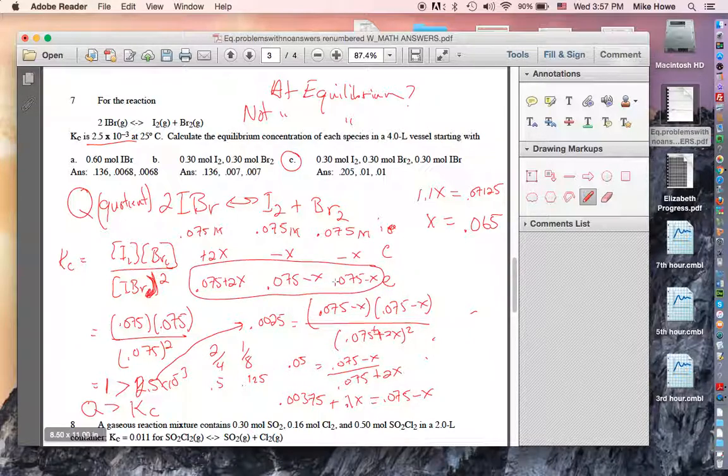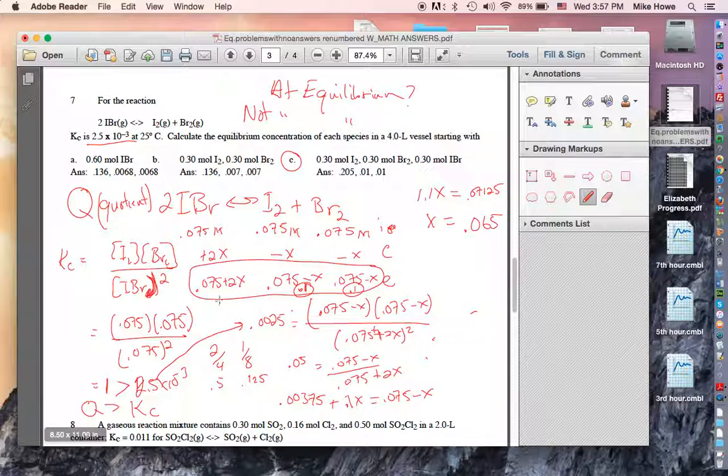So if you take 0.065 away from 0.075, you get 0.01. Okay, so 0.075 minus 0.065, oops, x equals 0.01, and that's our answer for that one. Same thing here.